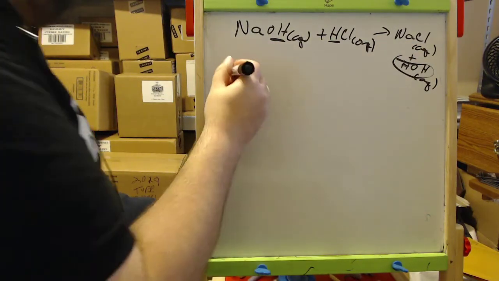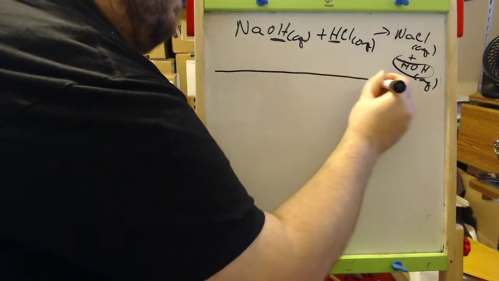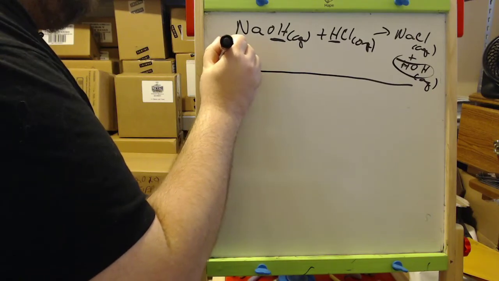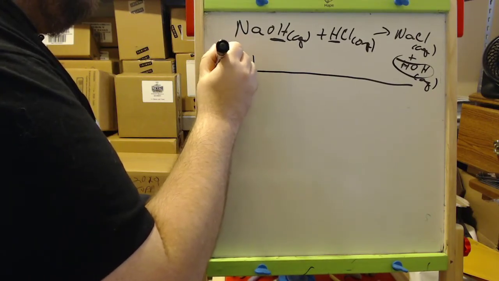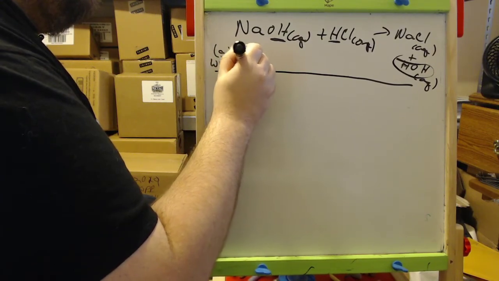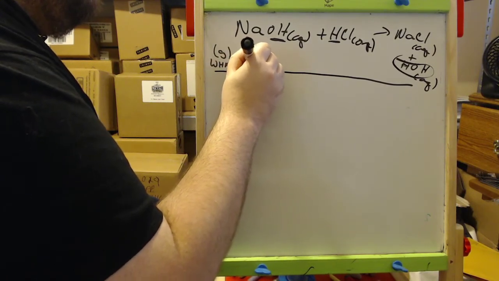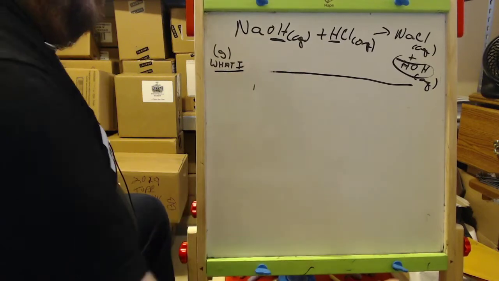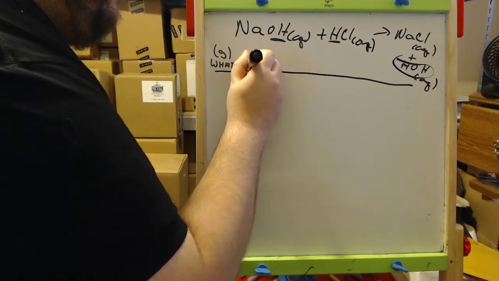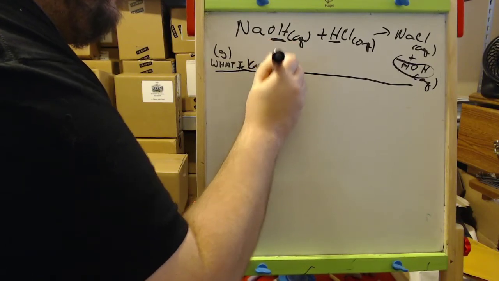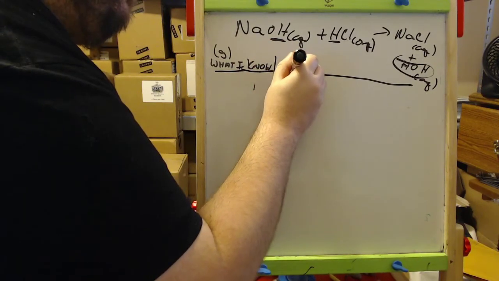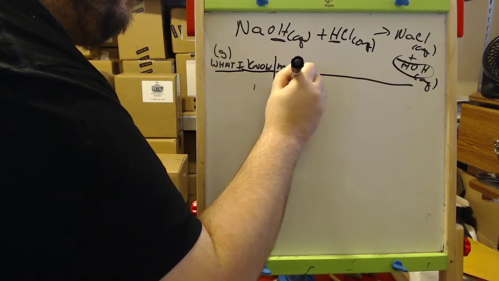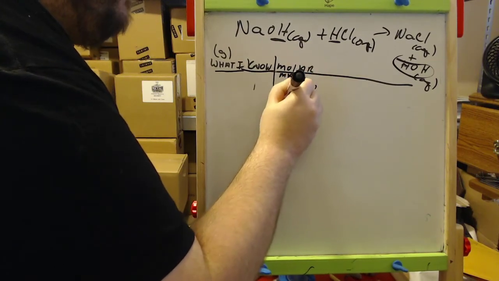Now, when we looked at calculating theoretical yields, let's say I want to know how much water I'm going to make from this reaction. What we did is we took the grams of what we know, and then over here we did the molar mass of what I know, the grams on the bottom and 1 mole on top.